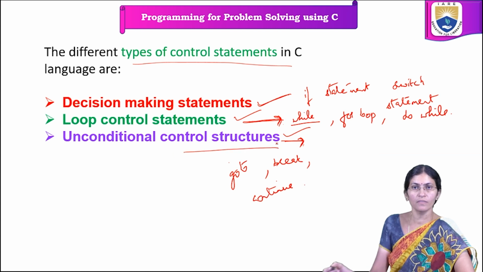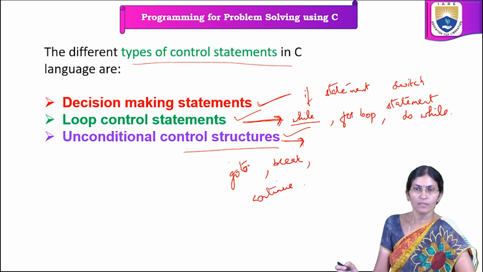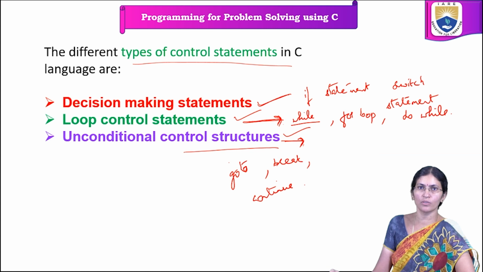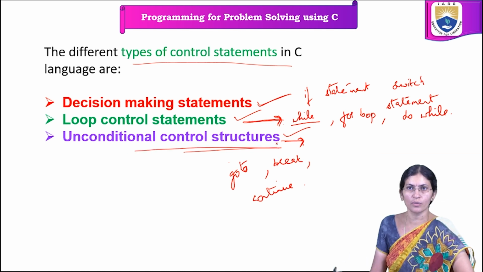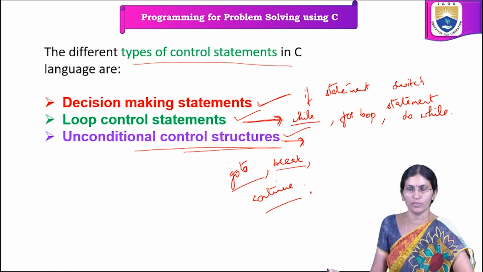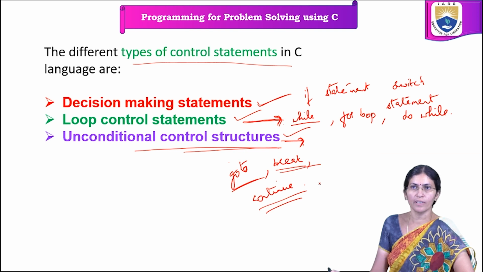This depends upon the condition: if the condition is true, for how many iterations a certain set of statements is to be repeated, and under what condition the control has to be transferred out of the loop. That is defined by these unconditional control structures. These are the different unconditional control structures we can use in a loop: goto, break, continue, etc.